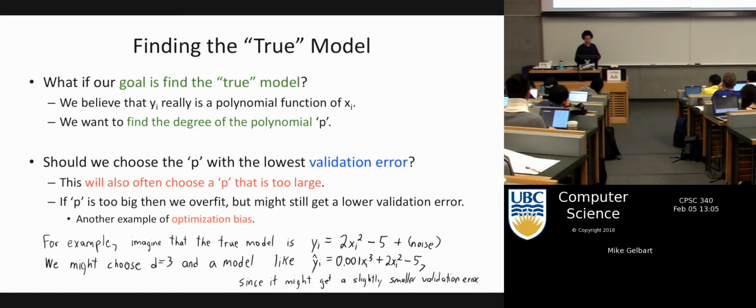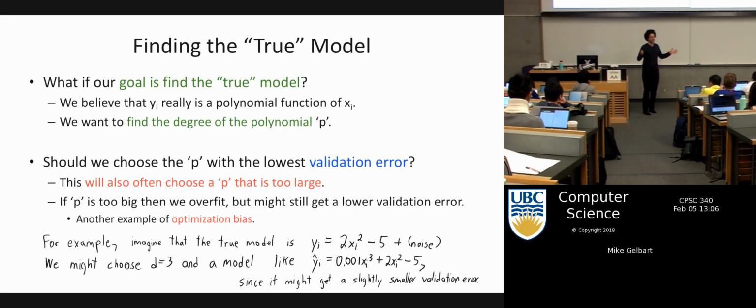Okay, should we choose p with the lowest validation error? That's okay. It's not a horrible idea. It's not in the same category of ideas as picking it based on training error, namely horrible ideas. But it may not be that great, even so. As an example, maybe the true model is a quadratic model, and there's always some noise added.